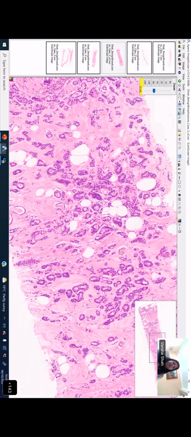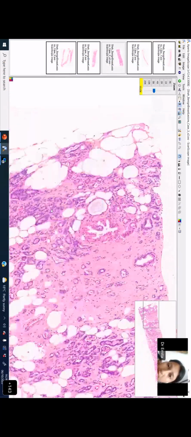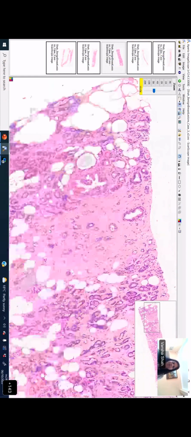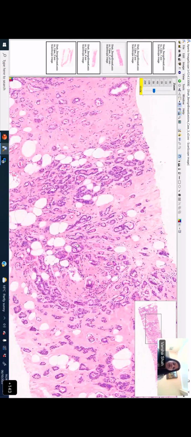So diagnosis? Microglandular adenosis. Okay. So it was R4, yeah? And we are calling it benign, yes. Microglandular adenosis. How will you communicate to the surgeon as far as the further management is concerned?